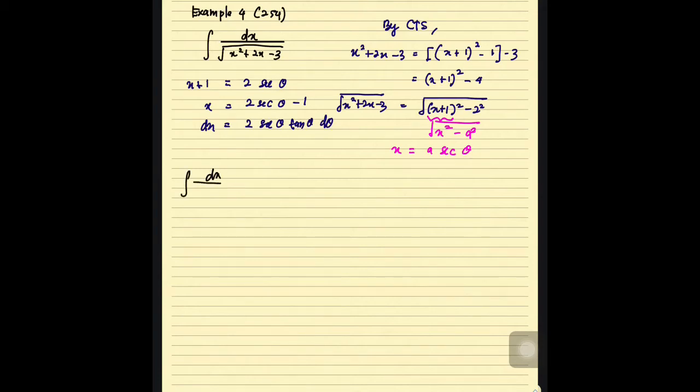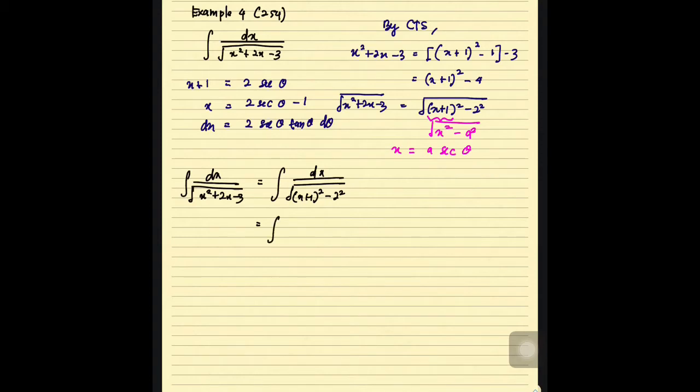So dx over the square root of x squared plus 2x minus 3 is equivalent to dx over the square root of x plus 1 squared minus 2 squared. So substitute everything in terms of theta.